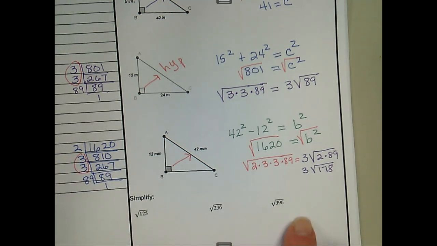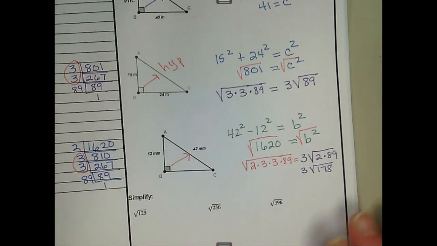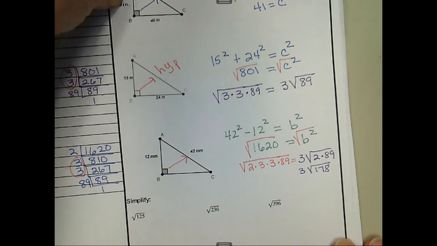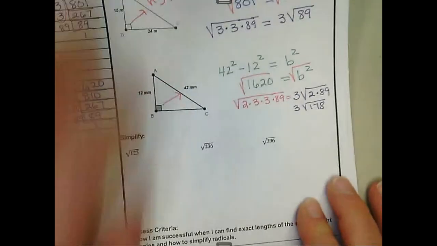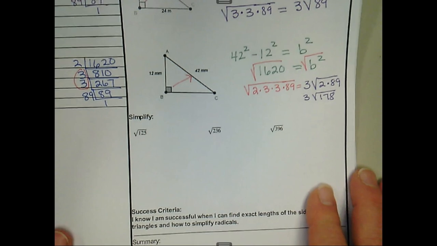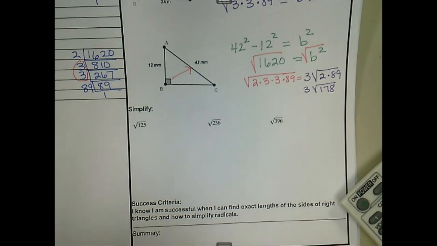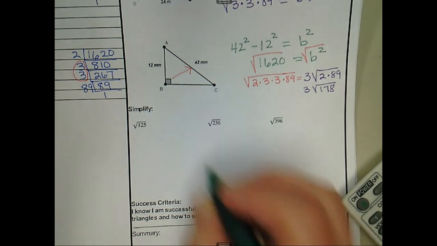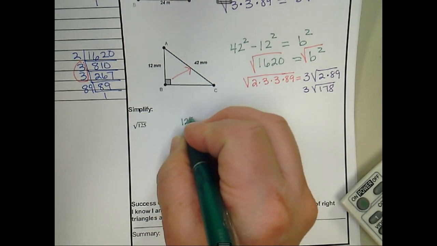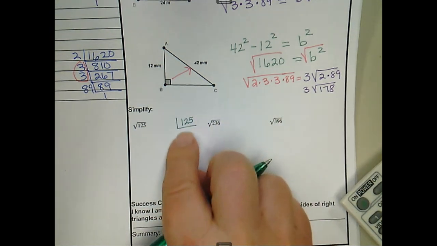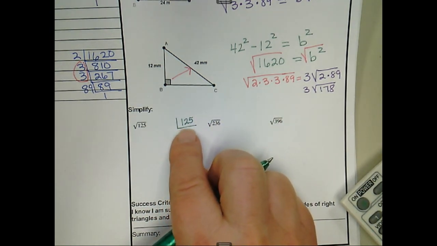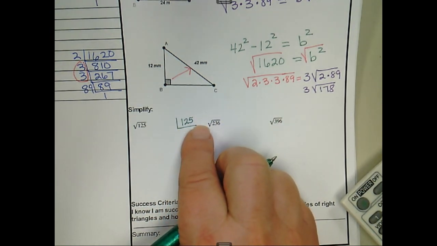So we've got 3 more here. I will work through the first one with you, and then we are going to try the other 2 on our own. So the square root of 125. Okay, it's not even. 1 plus 2 is 3, plus 5 is 8.